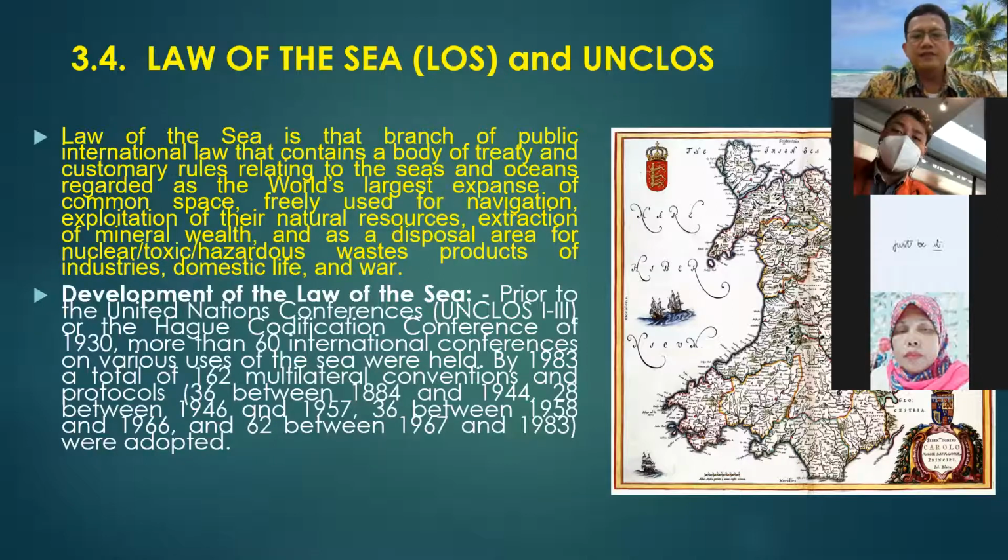The law of the sea refers to UNCLOS 3 in 1983, and Indonesia is very concerned about this. We will explore this next. And also, I have not mentioned here diplomatic law. I will introduce you to many principles in diplomatic law next, because it is very important for international students.